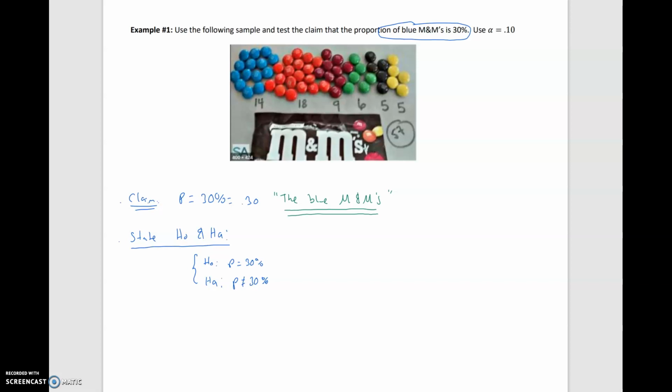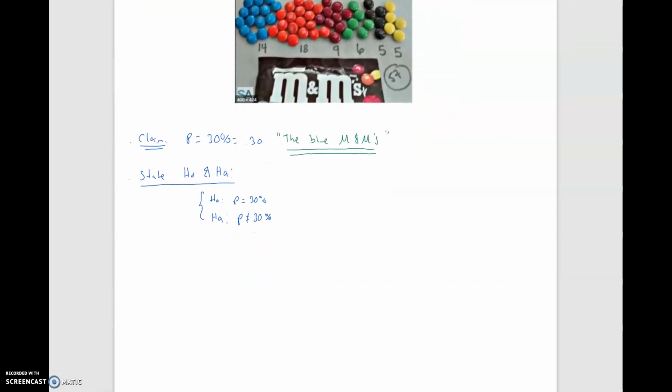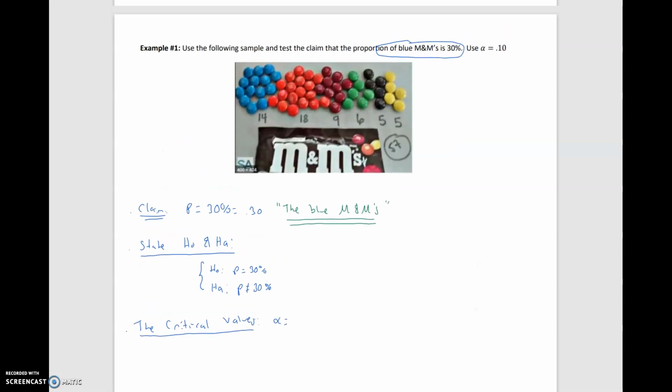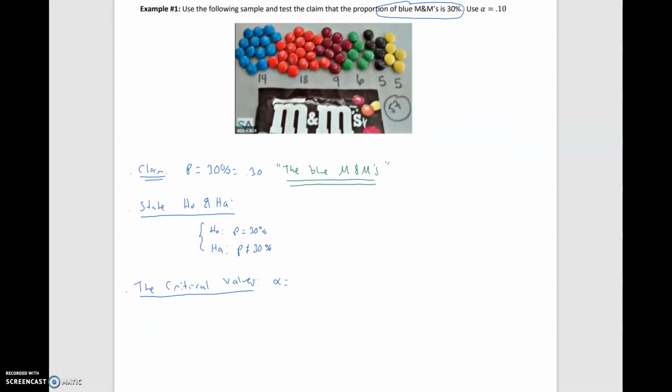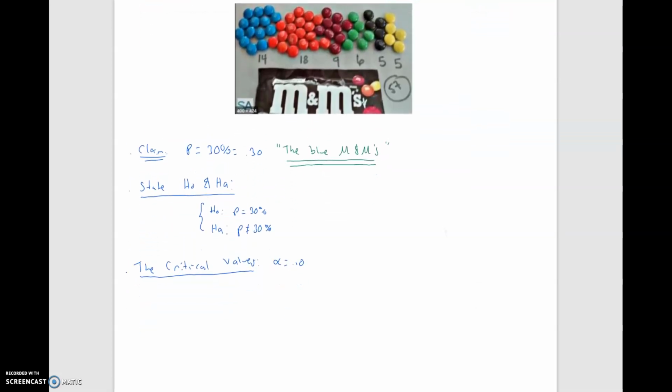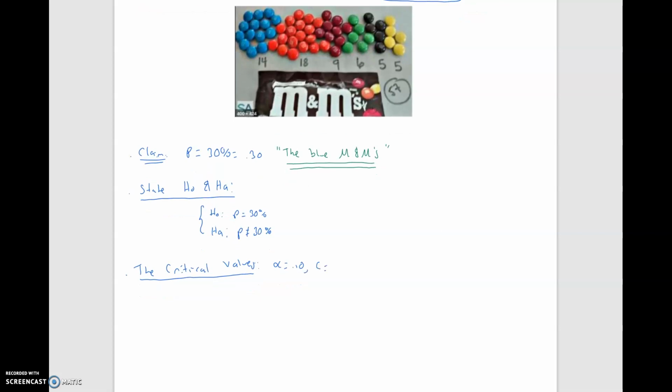The next step is to look at the critical values. For the critical values, we're looking at alpha, which in this case is given as 0.10. And that means that your value of C is equal to 0.90.